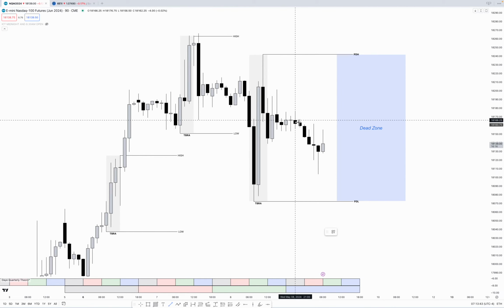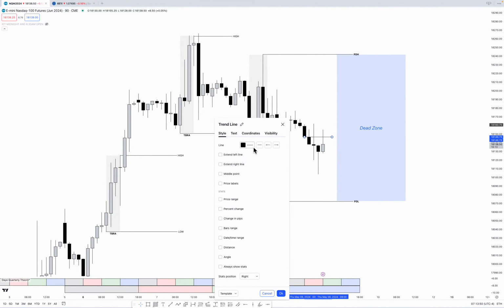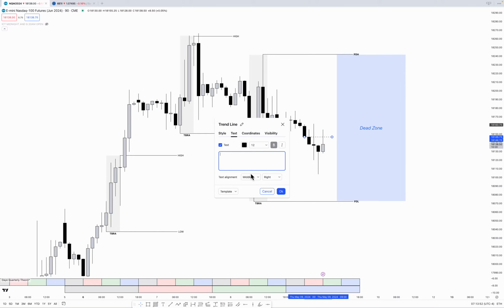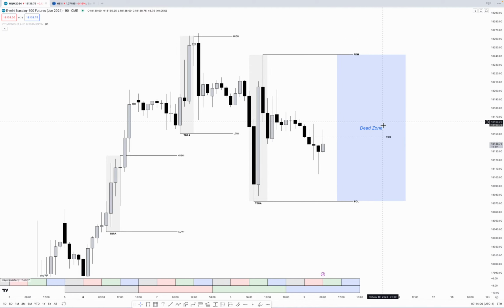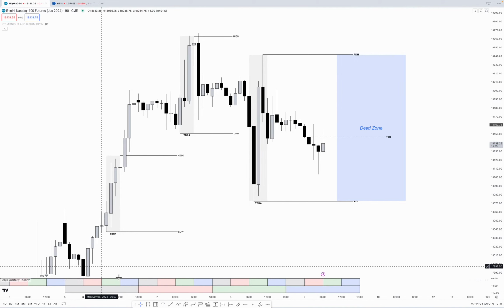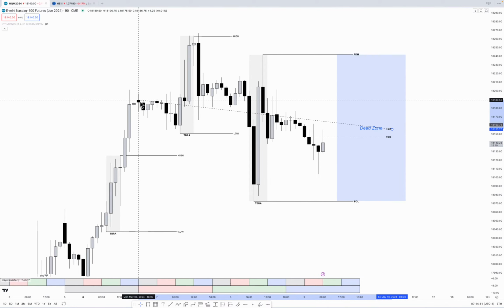But so far, we are within a discount, I'd say, between, let's say this is the true day open. We are within a discount between the true day open, which is this one right here, and also the true week open, which should be above here.